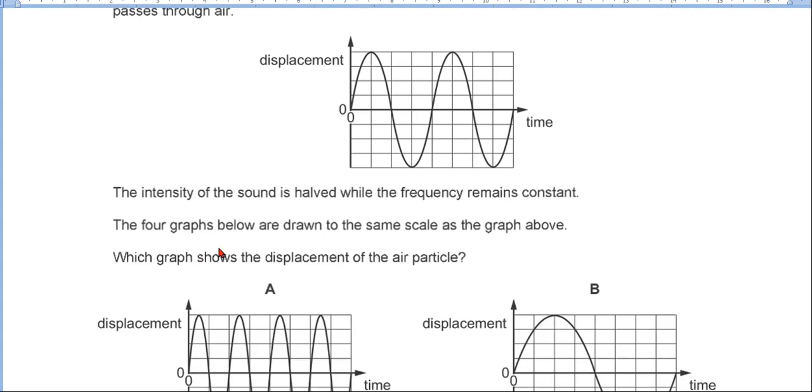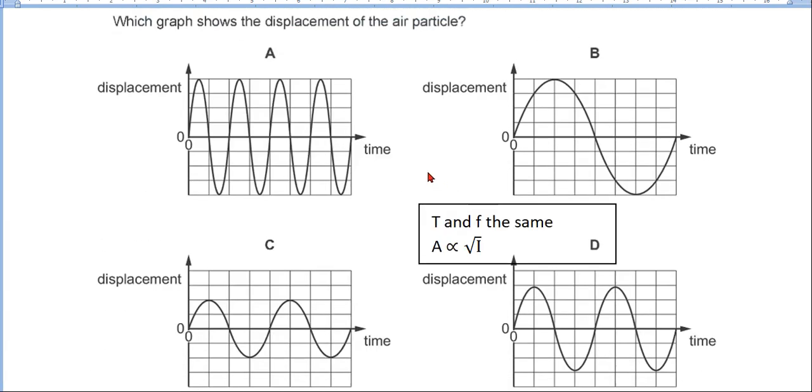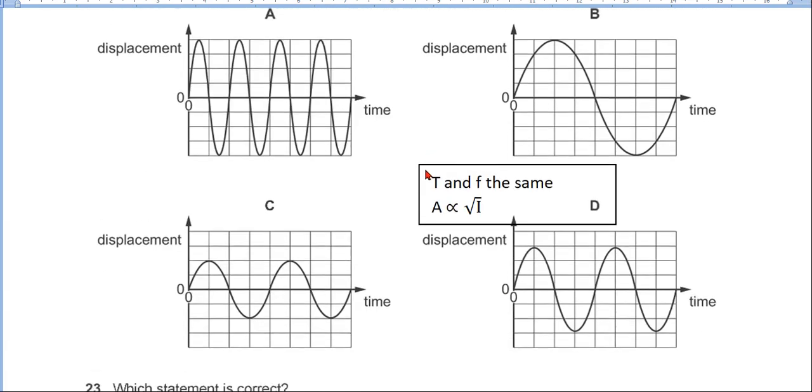The four graphs below are drawn to the same scale as the graph above. Which graph shows displacement of the air? Frequency remains constant, so we have C and D. But the change of amplitude is correct in D. It is not 2 times, it is square root of 2 times.